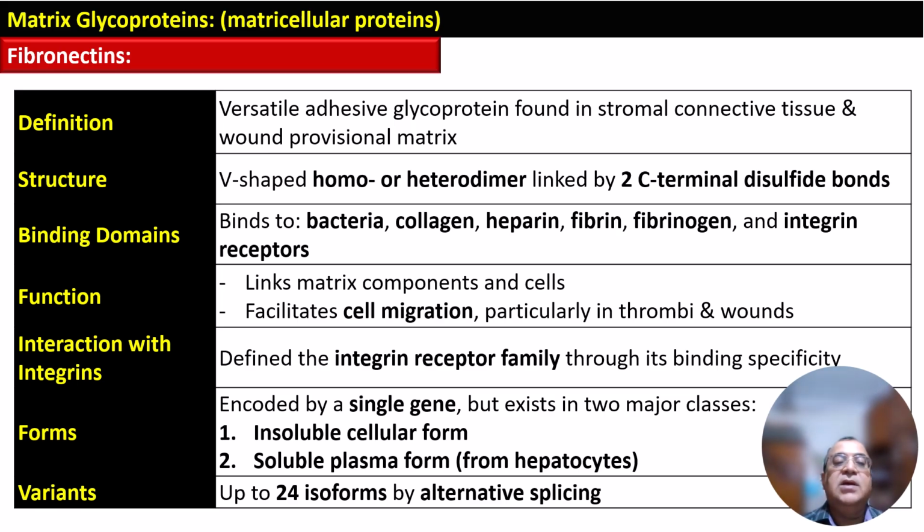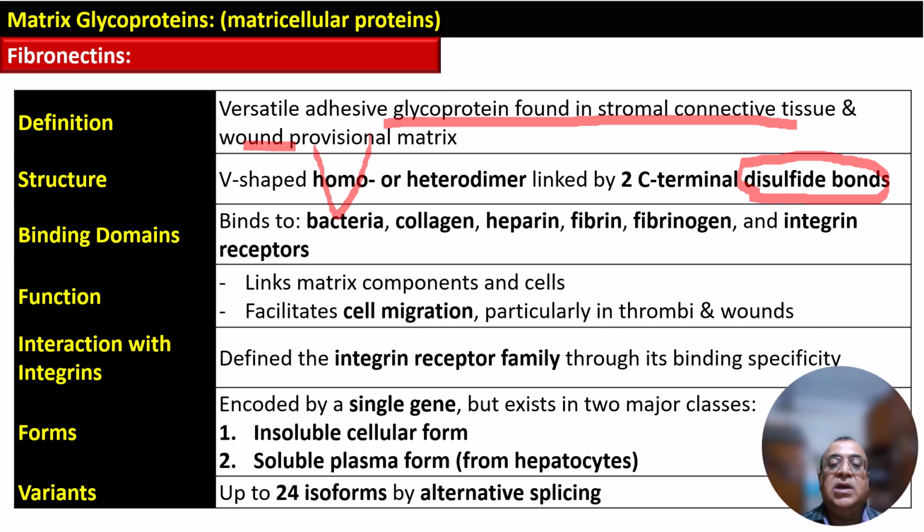Fibronectin is a matricellular adhesive glycoprotein, a versatile adhesive glycoprotein that is found in the stromal connective tissue and wound provisional matrix. It is a V-shaped homo or heterodimer that is linked by two C-terminal disulfide bonds.